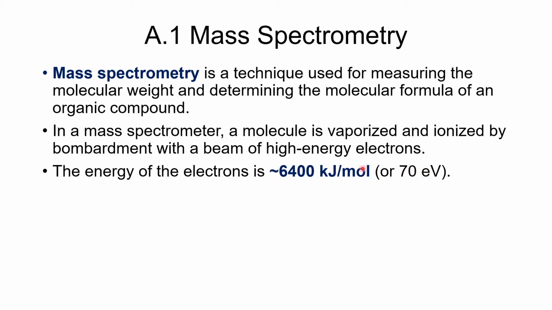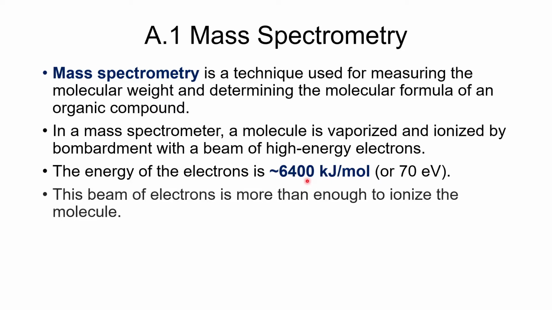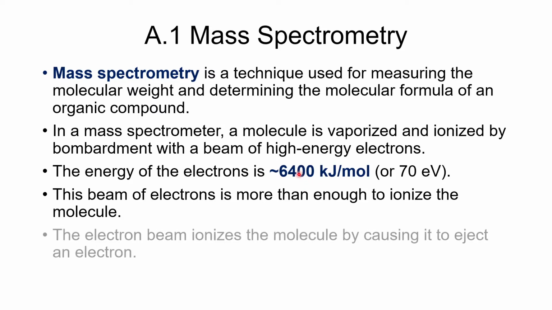This is just an enormous amount of energy to hit a molecule with. When an electron beam hits a molecule with this much energy, it causes that molecule to lose electrons. So that's what happens to the molecule.